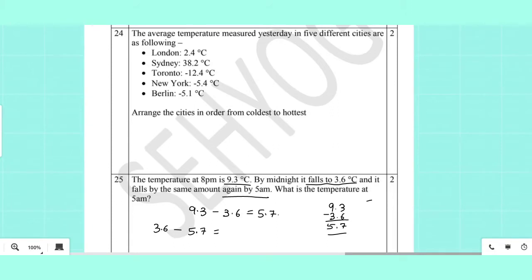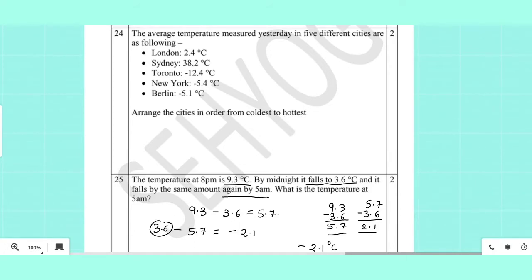So 3.6 minus 5.7. So we will subtract a larger number from a smaller number. So we will get a negative answer, but we will subtract as it is. So here I have done the subtraction, you can see, and the answer: 5.7 minus 3.6, 7 minus 6, 1, 5 minus 3, 2. So the final answer is negative 2.1 degrees Celsius. That is our final answer.